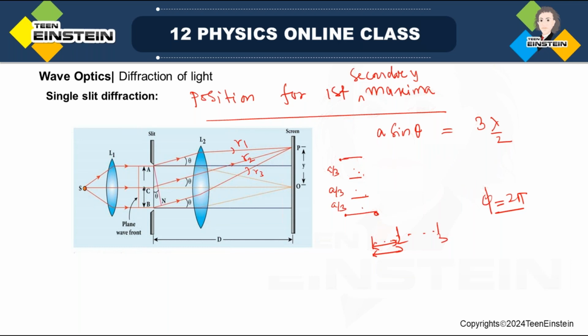Now I'll explain once again from here. Any ray you take from this point and this point, they will destructively interfere. You take any point from here and the corresponding point from here, they will interfere destructively.